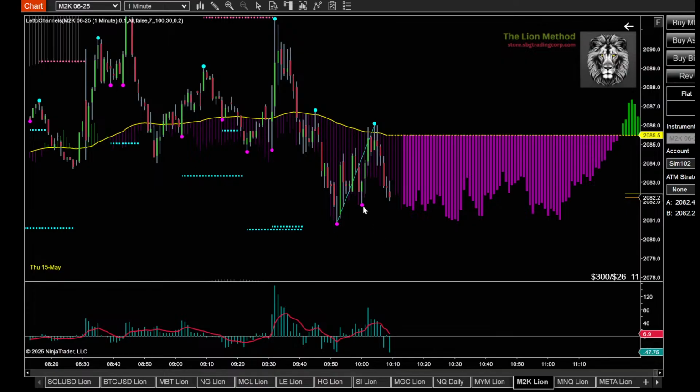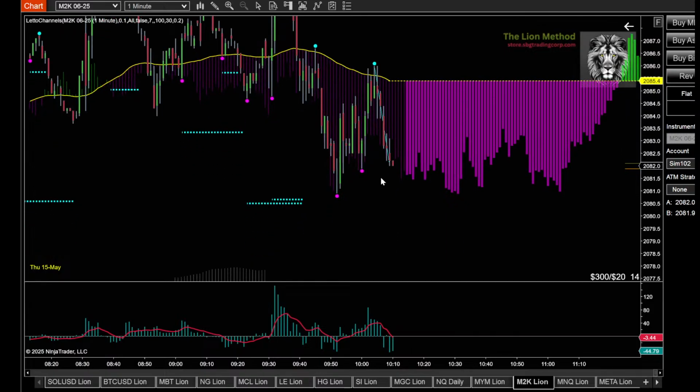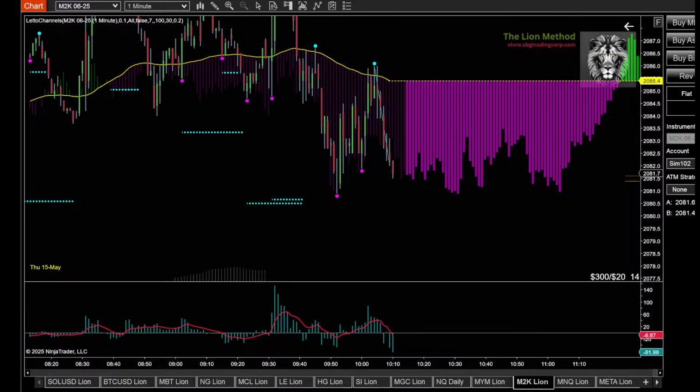Now the Russell is setting up for a trend short here. We have order flow plummeting. We have a tendency histogram that's showing going south. We could trade 14 contracts to risk our $300. So I'm going to go short with 14.